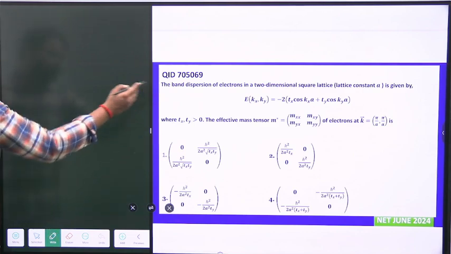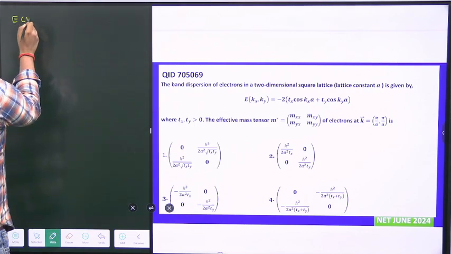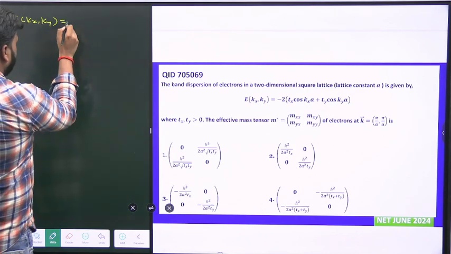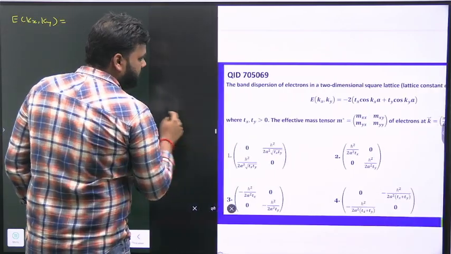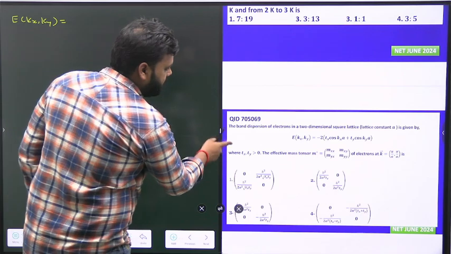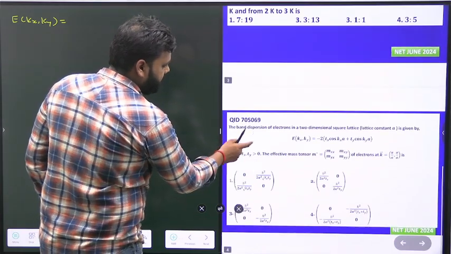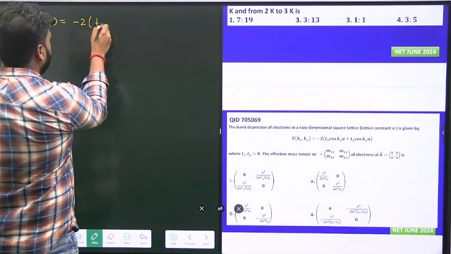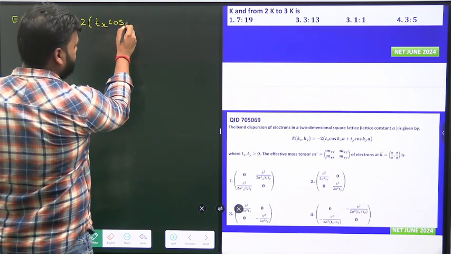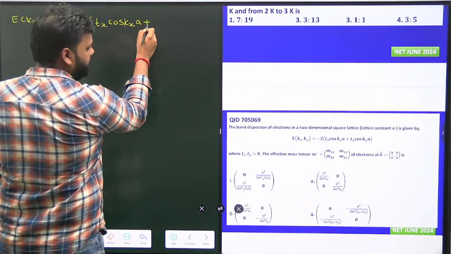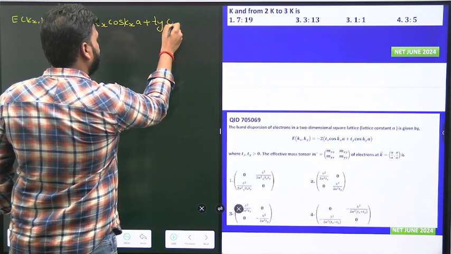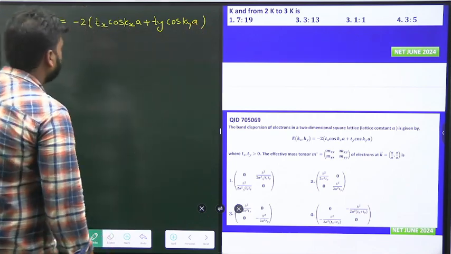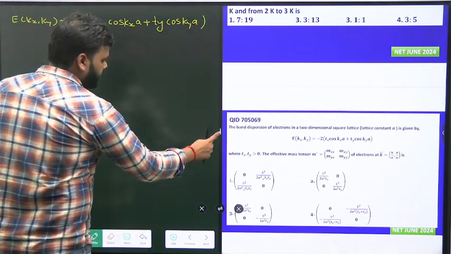So we have the equation E(kx, ky), which I'm writing again, equal to minus 2 tx cos(kx a) plus ty cos(ky a).